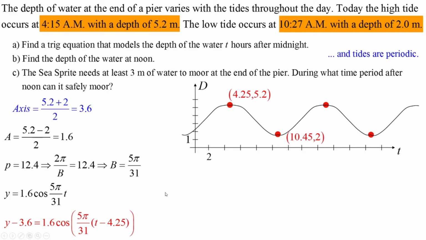So now we've got to find the depth of the water at noon. Well, since we have this great equation right here, why don't we put it into our calculator? Y sub 1. To put this in my calculator I have to solve for y, and that's why some people like to put, instead of the minus k, y equals and they have a plus k over here. So let's just take our expression on the right and add 3.6.